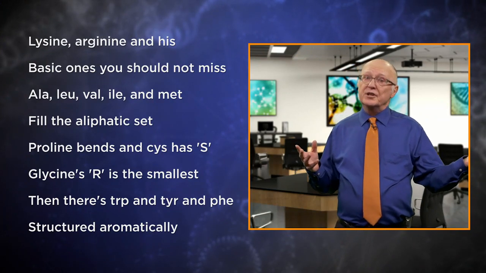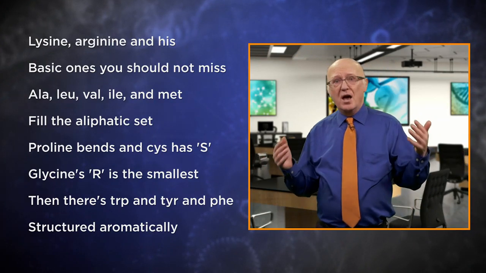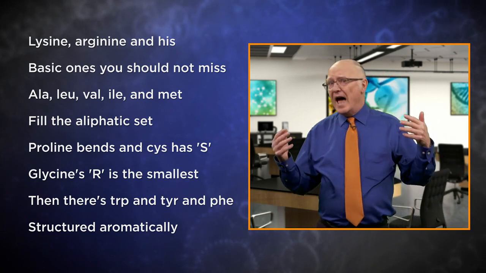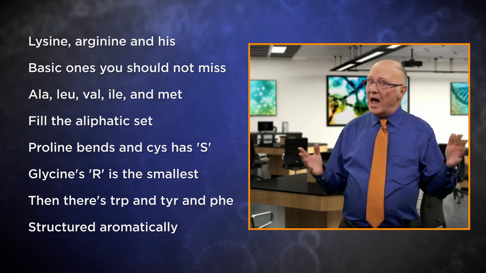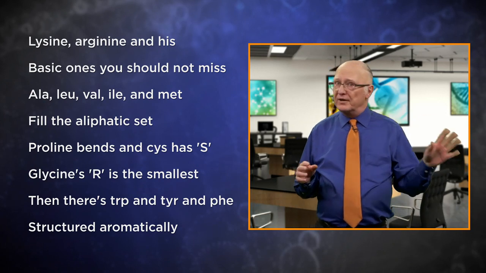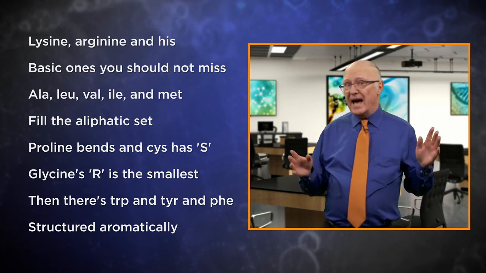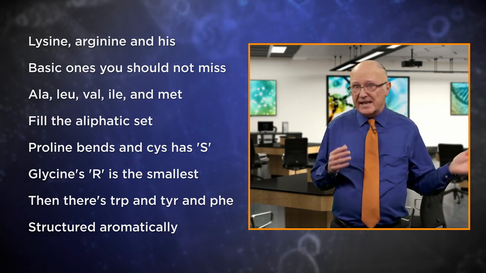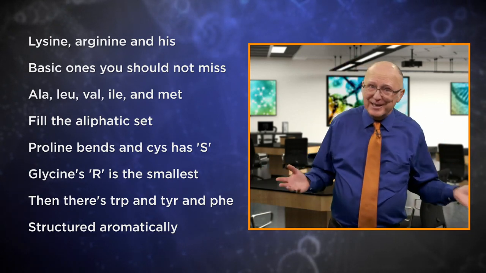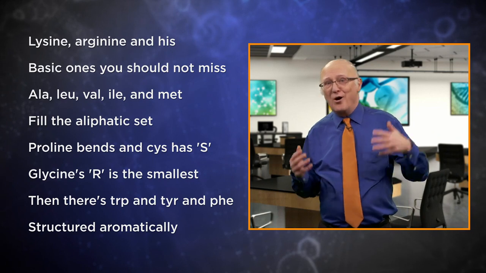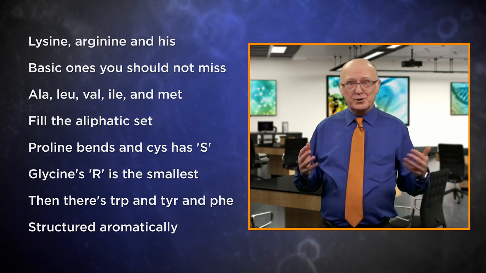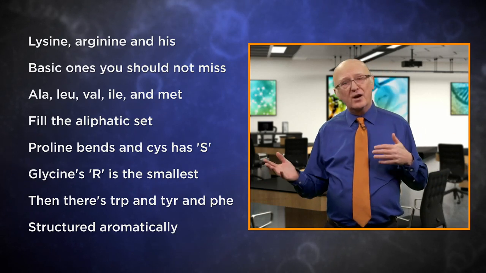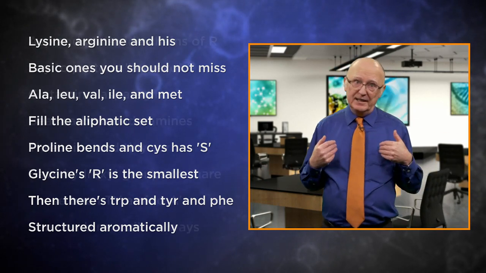Lysine, arginine, and his, basic ones you should not miss. Ile, val, and met, phe, aliphatic set. Proline, gln, and cys has S. Glycine's R is the smallest. Then there's trp and tyr and phe, structured aromatically.